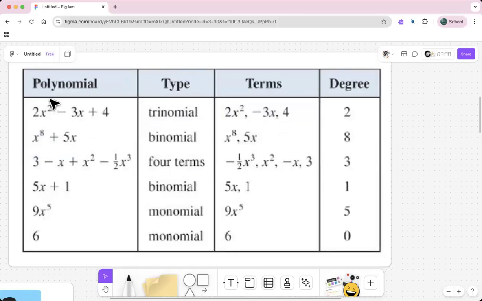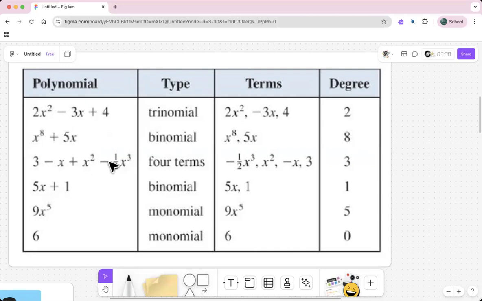And the highest power is a degree of 2, just like the example we just did. x to the power of 8 plus 5x. The first term is x to the power of 8. My second term is positive 5x. Those two terms together make up a binomial, and you can see that the largest exponent is the power of 8. That means the degree of the polynomial function is 8.